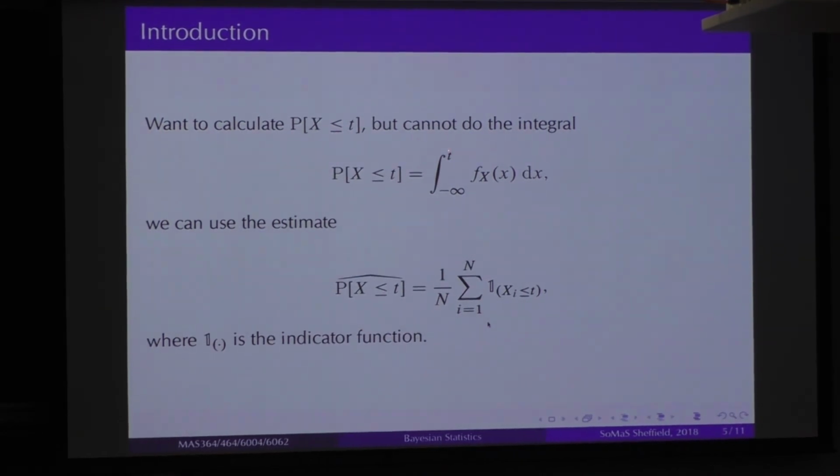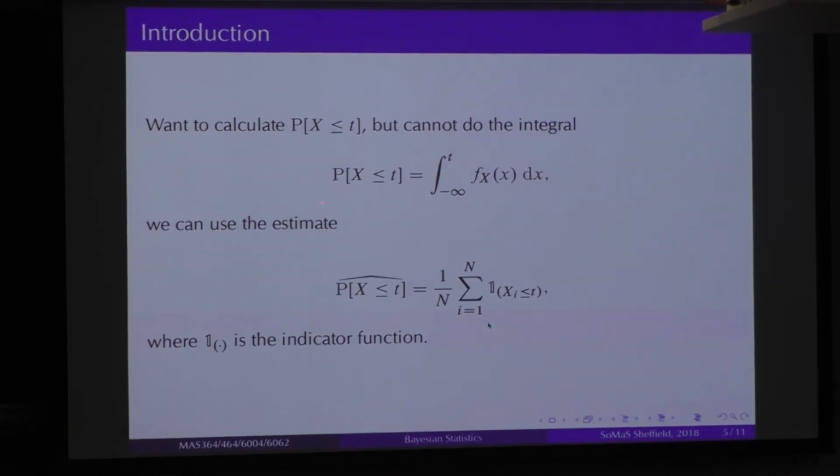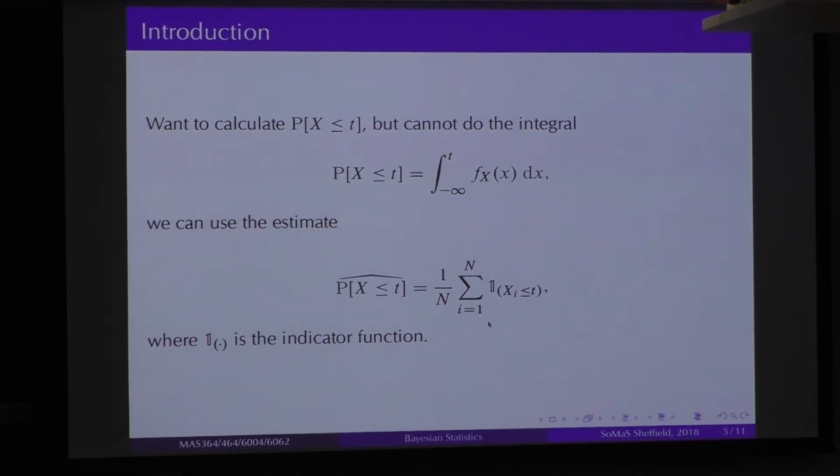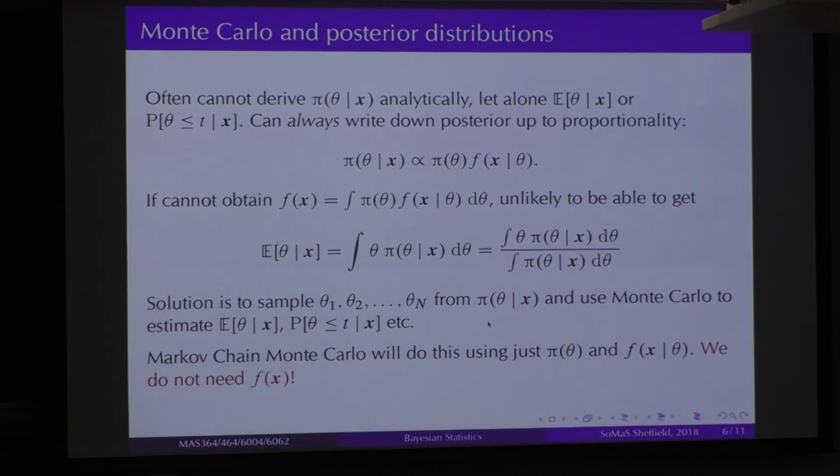If you want to estimate a probability, and that's what we did on Tuesday, if you have a sample from the distribution and you want to estimate the probability of that random quantity being smaller or equal than a certain number, say t, you just need to count the number of times in your sample that you had values smaller or equal than t, and divide that by the sample size, and you will have an estimate of the probability, okay? And again, this estimator is consistent and asymptotically has very small variance, okay?